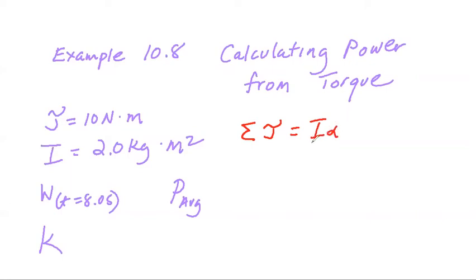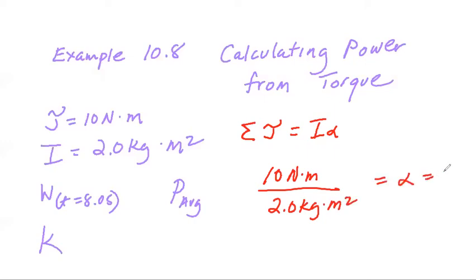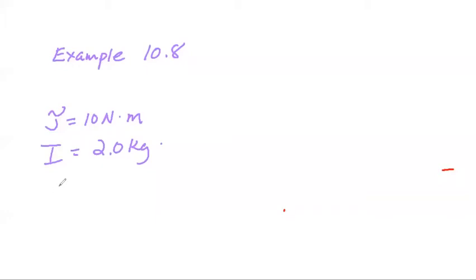Tau is 10 newton meters divided by I, which is 2.0 kg meter squared, gives us alpha equals 5 radians per second squared. All right. So we had alpha equals 5.0 radians per second squared.